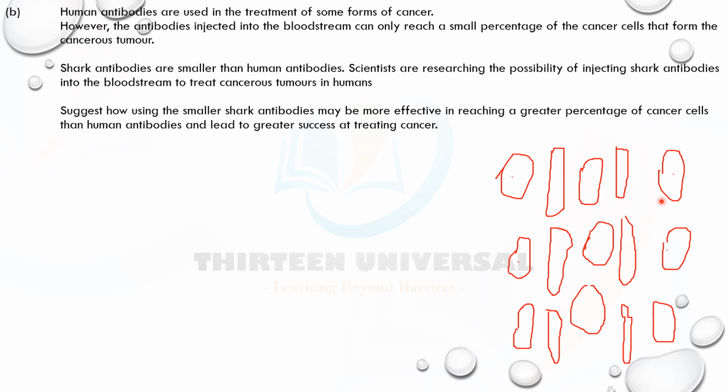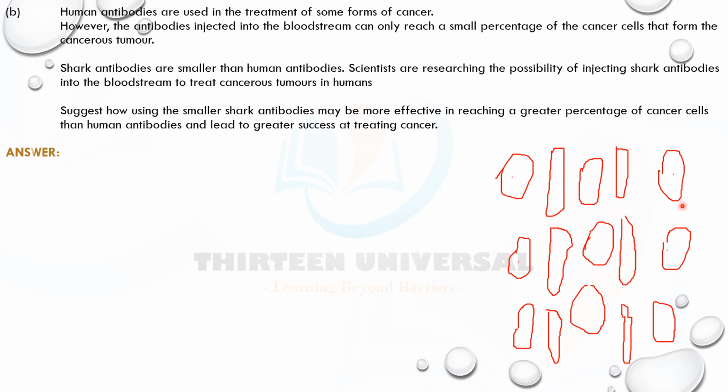So more of them can leave the blood through the endothelial pores, and then they can bind to the tumor cells and destroy the tumors. So it's more effective because they're able to pass through the pores, so they're able to bind more to tumors because many of them are present, and you know what antibodies do, they tag tumors so that they can be engulfed by phagocytes.